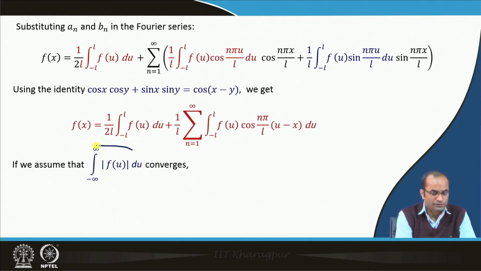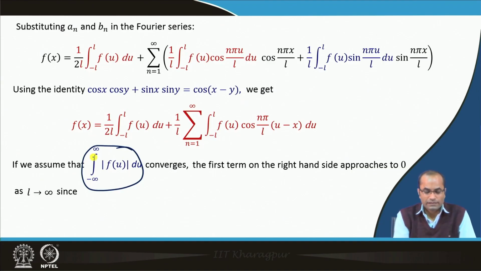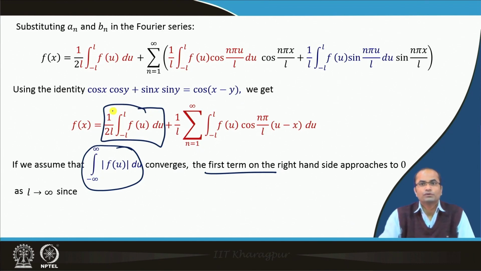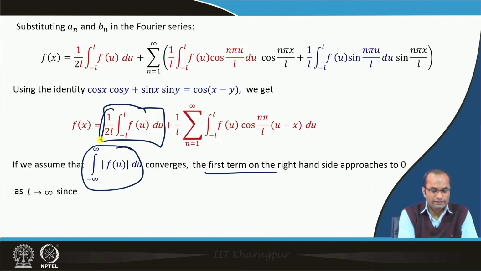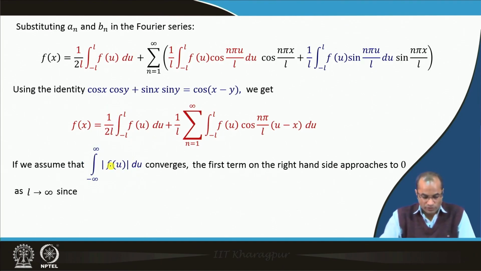With this assumption that this integral converges, we will see that the first term on this right hand side will approach 0 as L approaches infinity, because 1 over L is sitting outside and this integral is bounded, a finite quantity, because we have the absolute convergence of that integral.